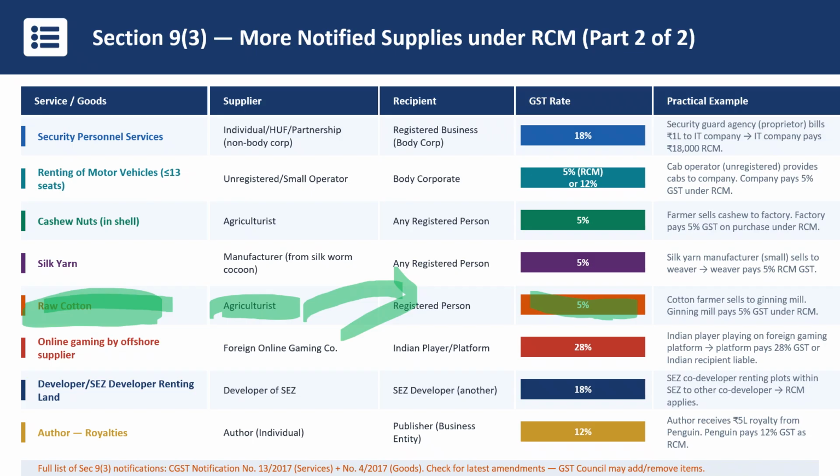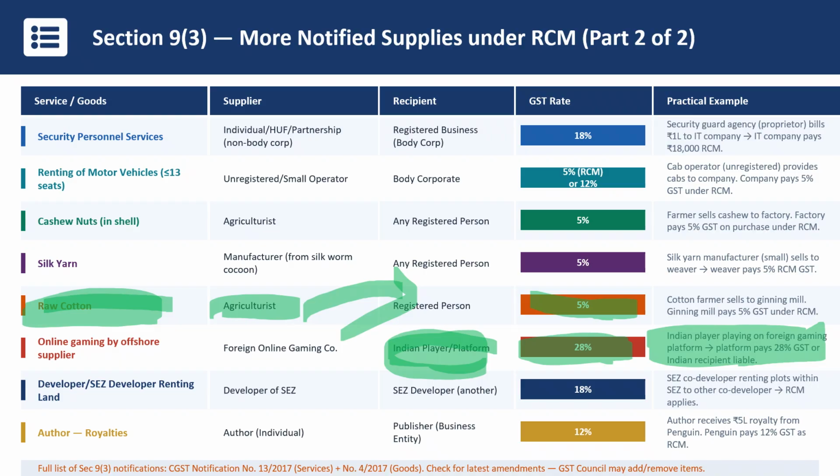In those situations, suppose I am playing on a foreign gaming platform. In that case, the Indian platform or Indian player has to pay GST under RCM at 28%, because these services are chargeable at 28 percent.